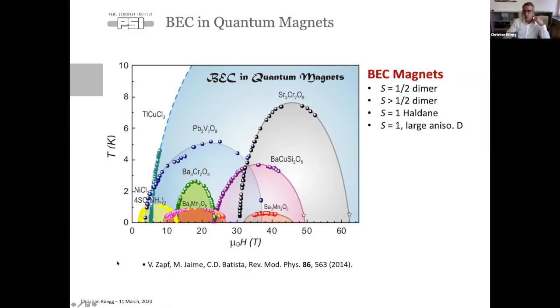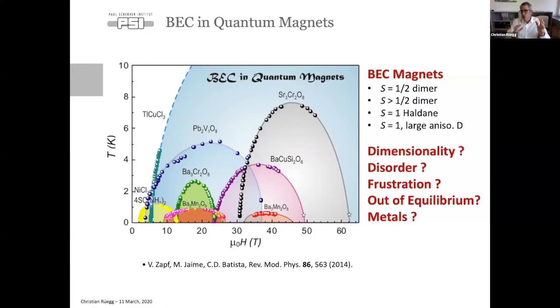Now what is quite interesting is of course to play around with this, apply pressure, field, study these different systems. But there are also more fundamental questions, and that could be, what happens with dimensional effects. Obviously BEC is a condensation and ordering phenomenon. We all know that this can only happen at finite temperature for 3D systems. You want to know then what happens in 2D, eventually in 1D, and how things go across these.